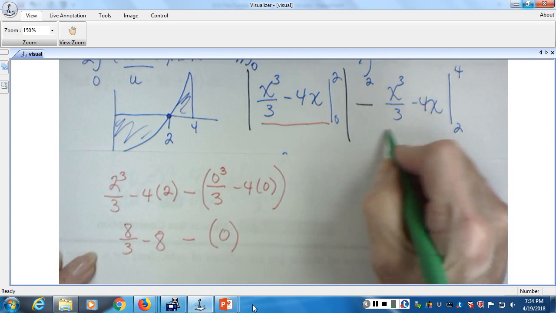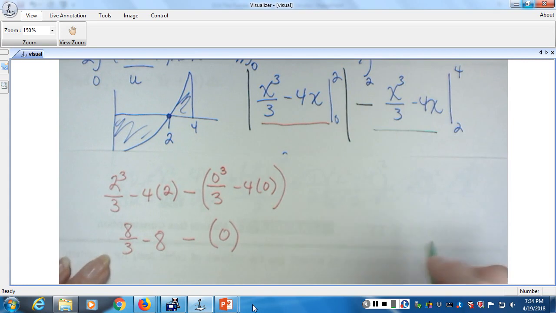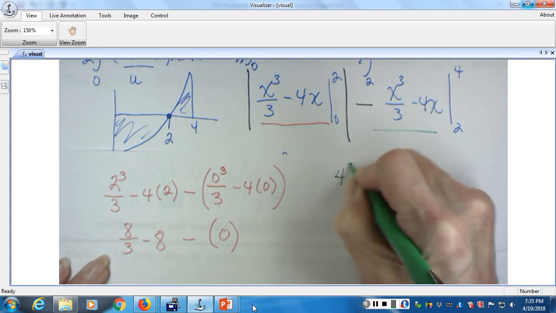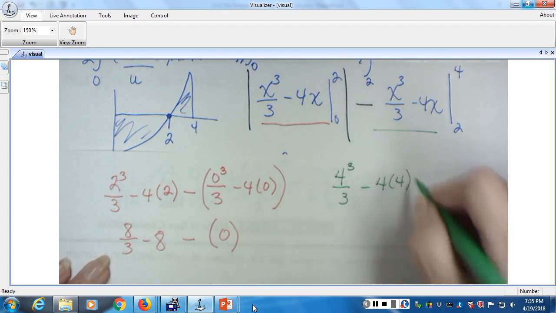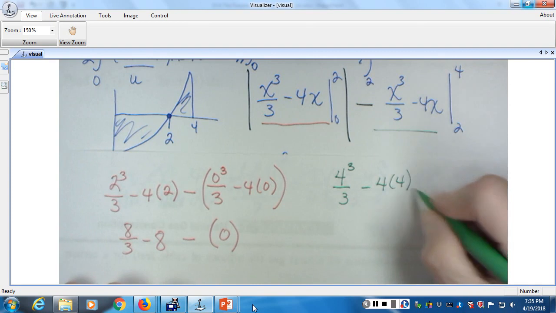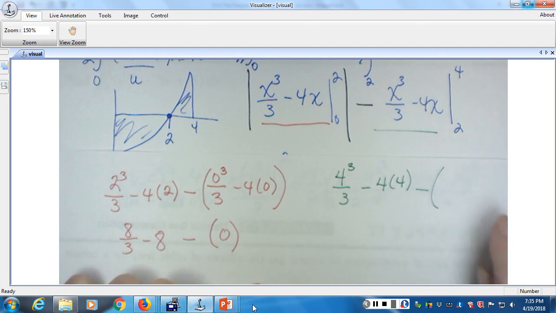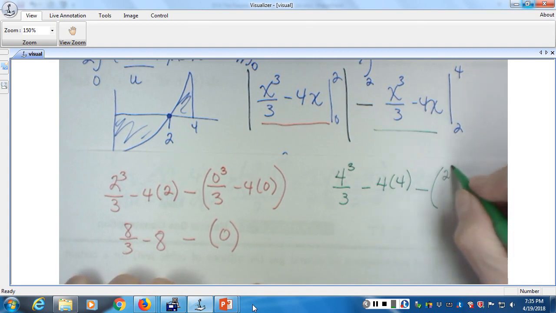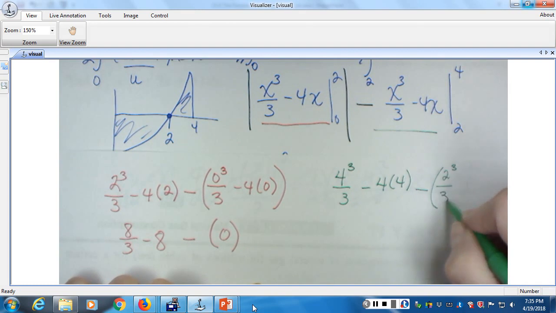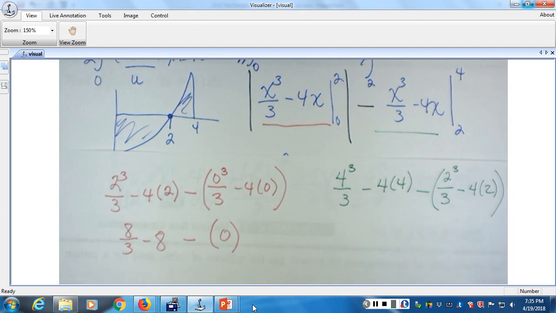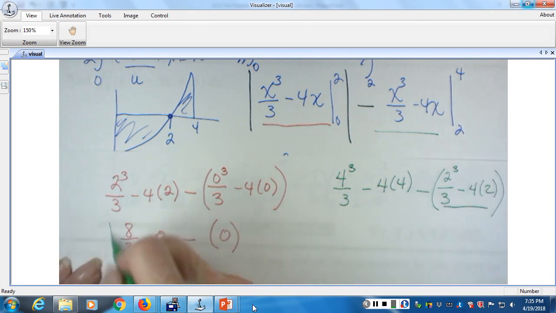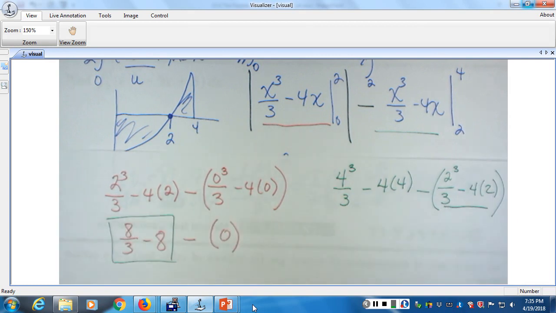And then this one gives us 4 cubed over 3 minus 4 times 4 minus 2 cubed over 3 minus 4 times 2. And this turns out to be the same as that.